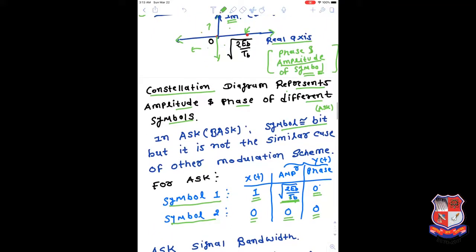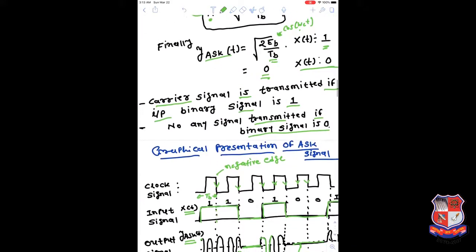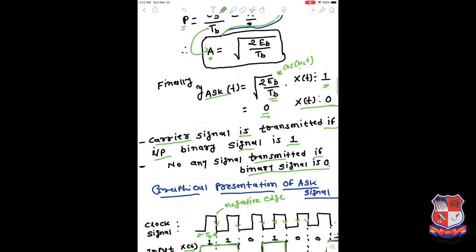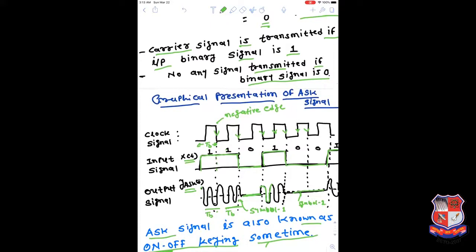Now, one assumption in ASK is that the symbol rate and bit rate are the same. Symbol rate is the number of symbols we transmit in 1 second, and bit rate is the number of bits we transmit in 1 second. In ASK there is no difference between symbol and bit, because if there is a 1 bit, we transmit square root 2EB by TB, and if there is a 0, we transmit a 0.